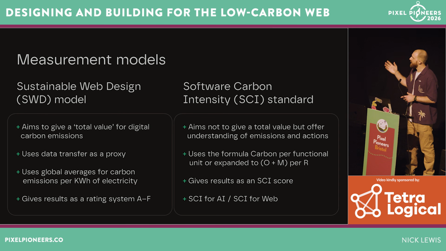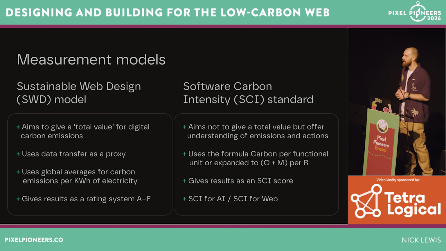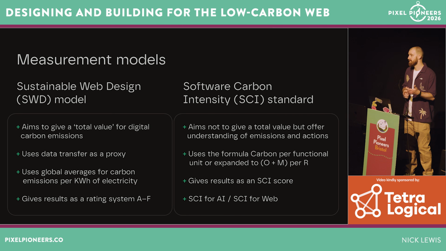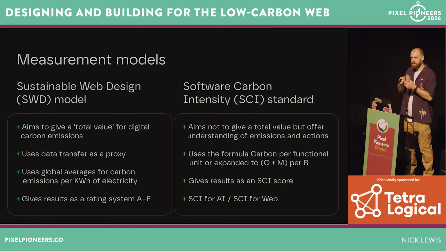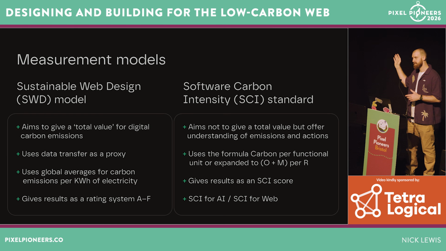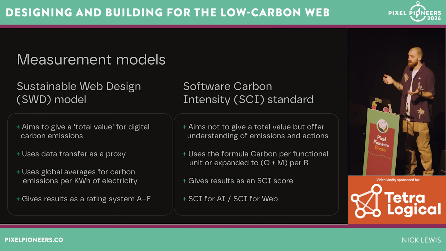It uses global averages by default for your carbon emissions per kilowatt hour of electricity. Depending on the tool that you're using, you can change that so that you can plug things like Electricity Maps in, or other systems, to get real-time data as well. And the result of that is it gives you an A+ to an F result for your particular page.